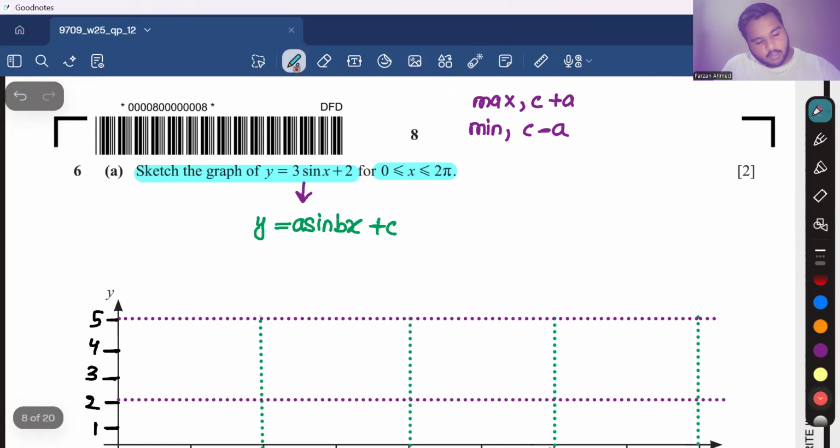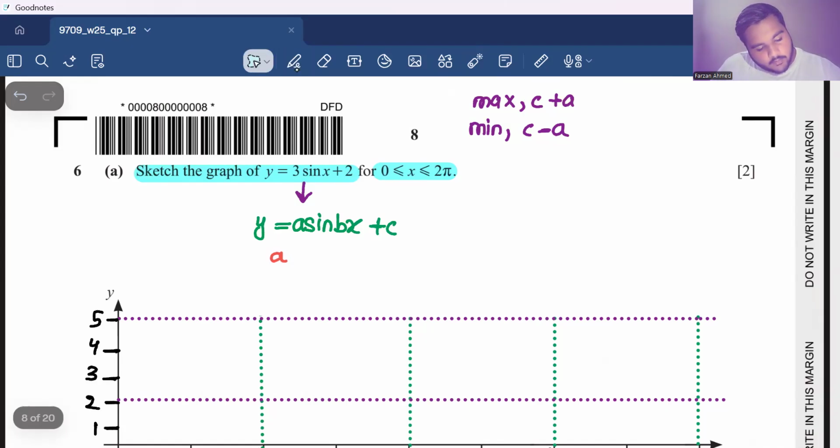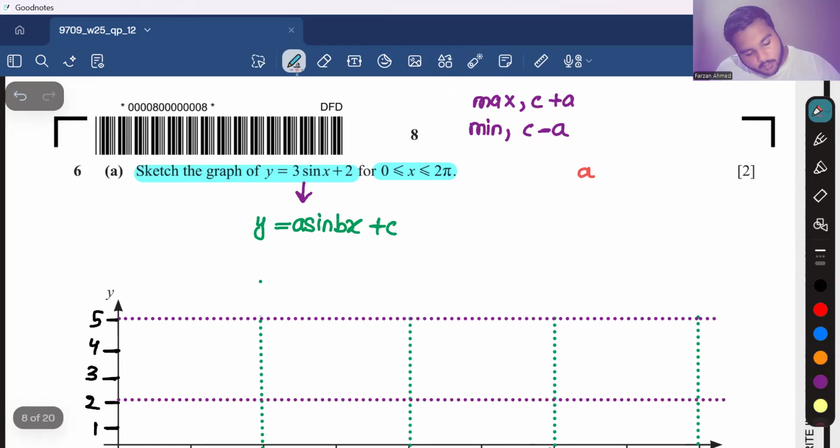In this, the value of a is 3 and the value of c is 2. So we have to find the maximum one. c plus a means 2 plus 3, this will be 5.